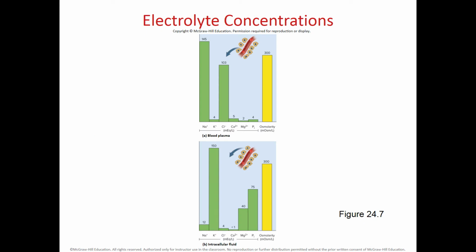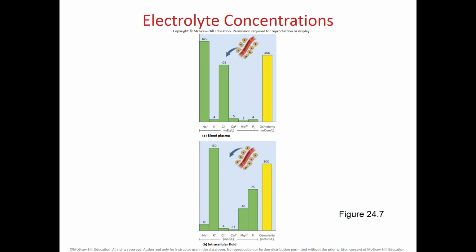So in this diagram you can see the electrolyte concentrations within the different compartments. So in the top you have basically the concentration of electrolytes within the ECF or the plasma.